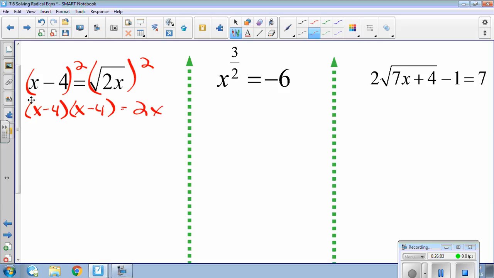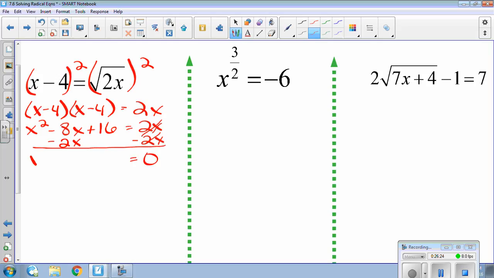So now we're going to distribute. So that's x squared, and after you distribute and combine your like terms, you end up with minus 8x plus 16 equals 2x. We need to set it equal to 0 so we can factor it. So subtract 2x from both sides. So you have x squared minus 10x plus 16 equals 0.